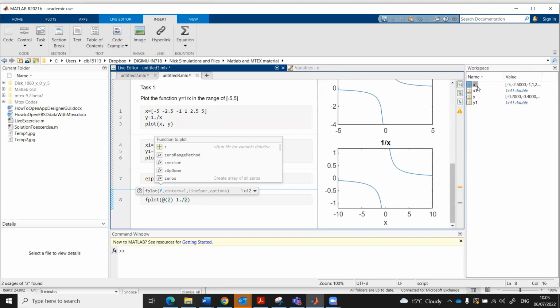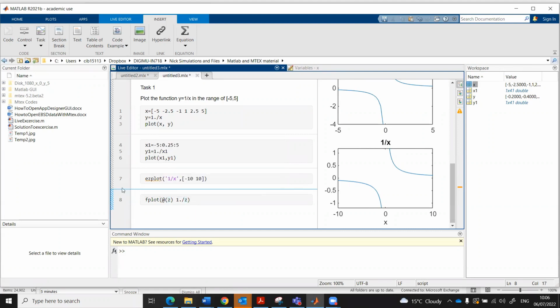At the workspace, we see what coordinates we already have. We have x, we have x1, we have y, we have y1. There is no z. So I am creating this function which will be working with anything which will be further specified as that function.